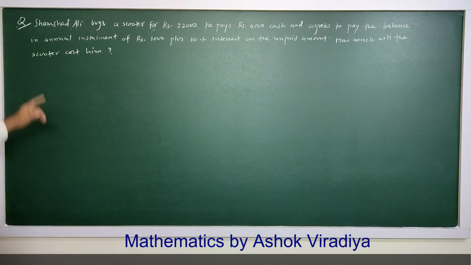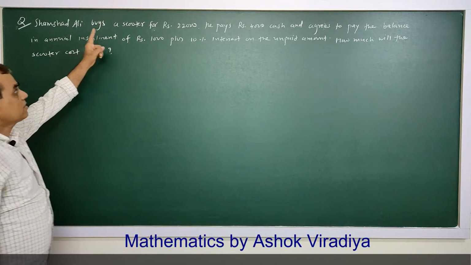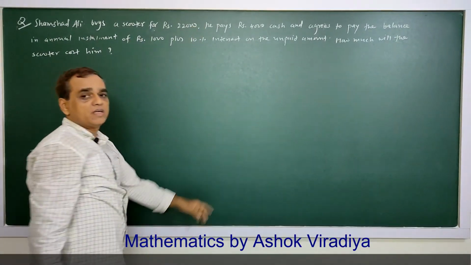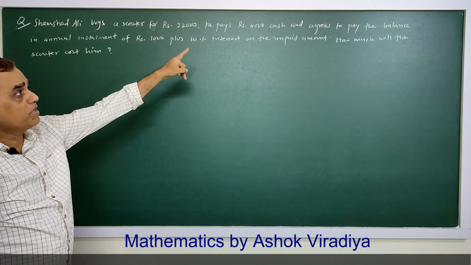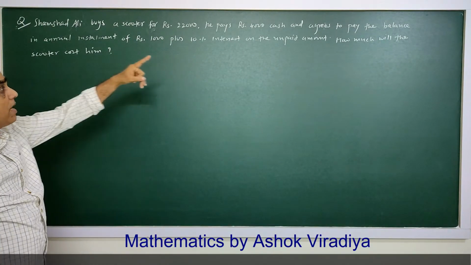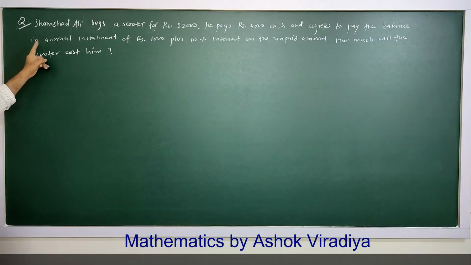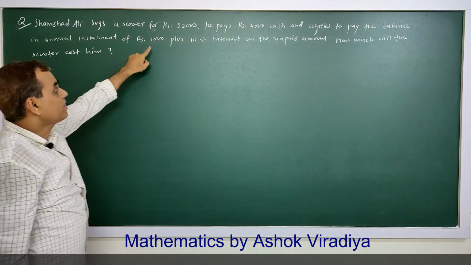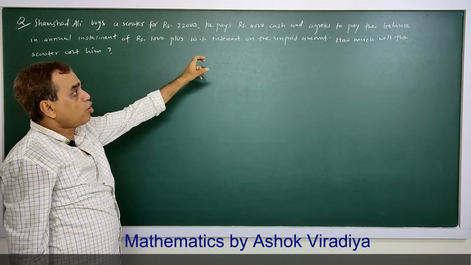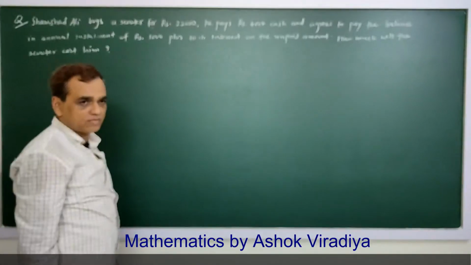Say here Shamshad Ali buys a scooter for rupees 22,000. He pays rupees 4,000 cash and agrees to pay the balance amount in annual installments of rupees 1,000 plus 10% interest on the unpaid amount.